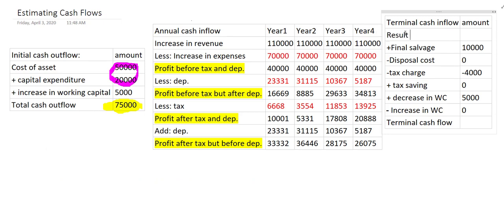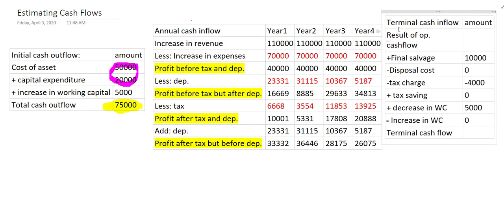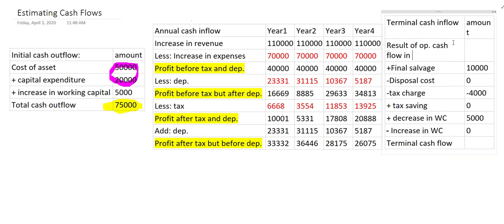Result of operating cash flow. Suppose this is the amount. Operating cash flow in terminal year and in last year.